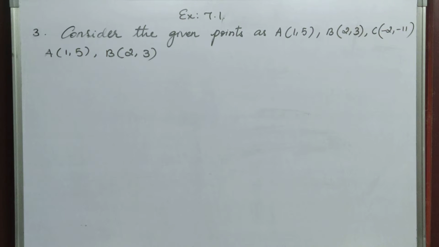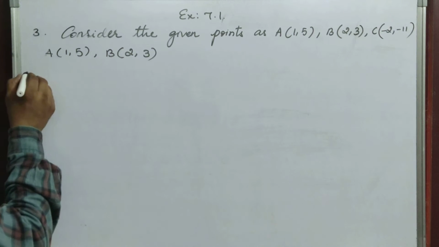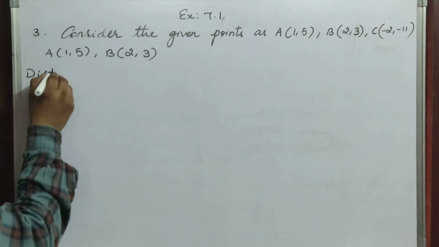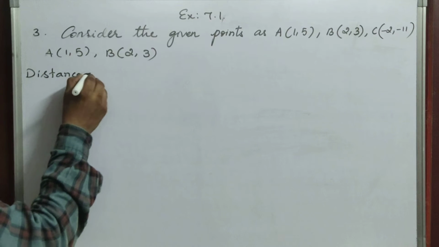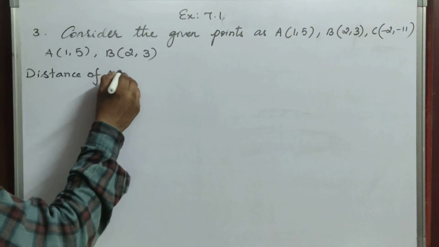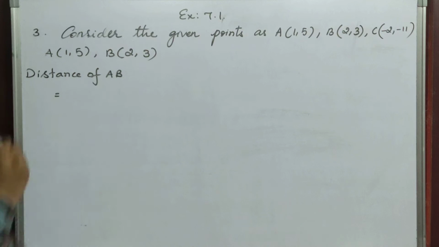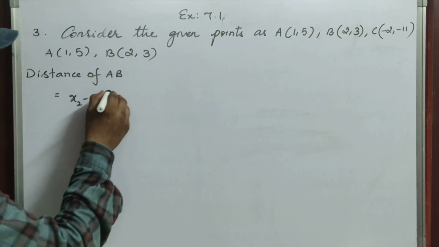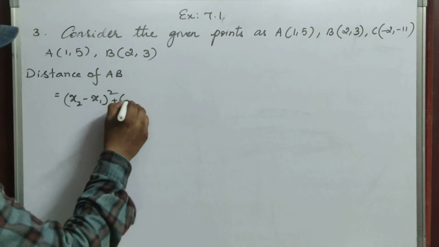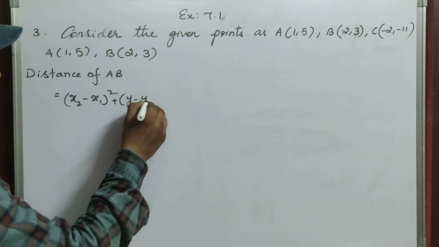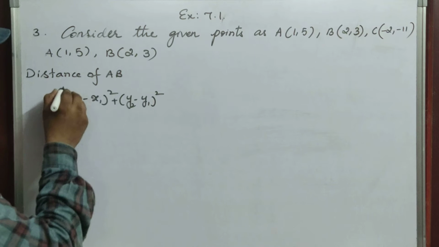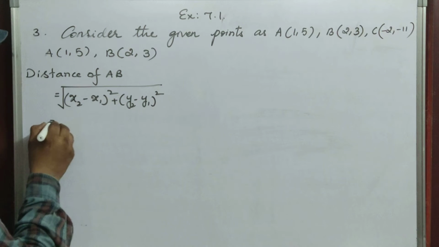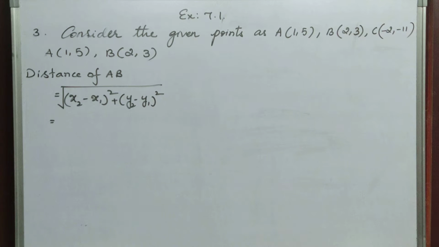Now find the distance of AB first. The distance between any 2 points formula is root over (x2 minus x1) whole square plus (y2 minus y1) whole square.